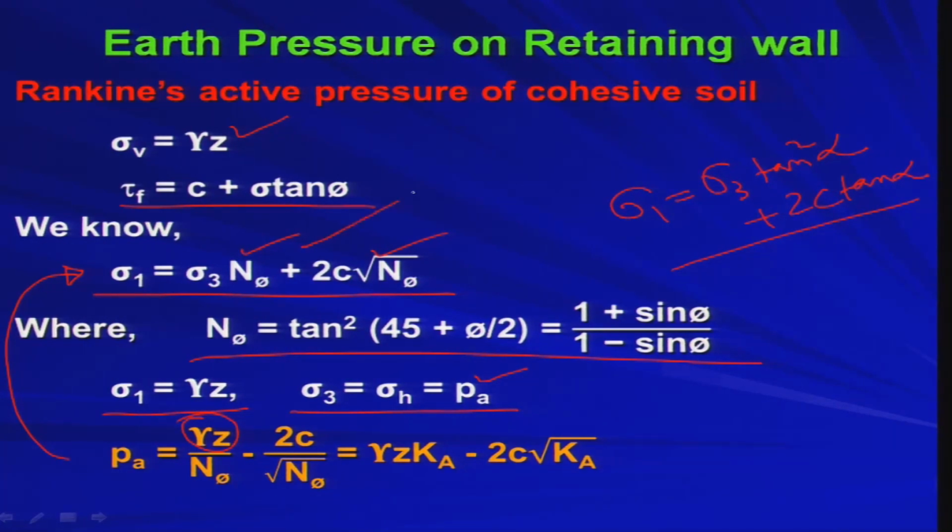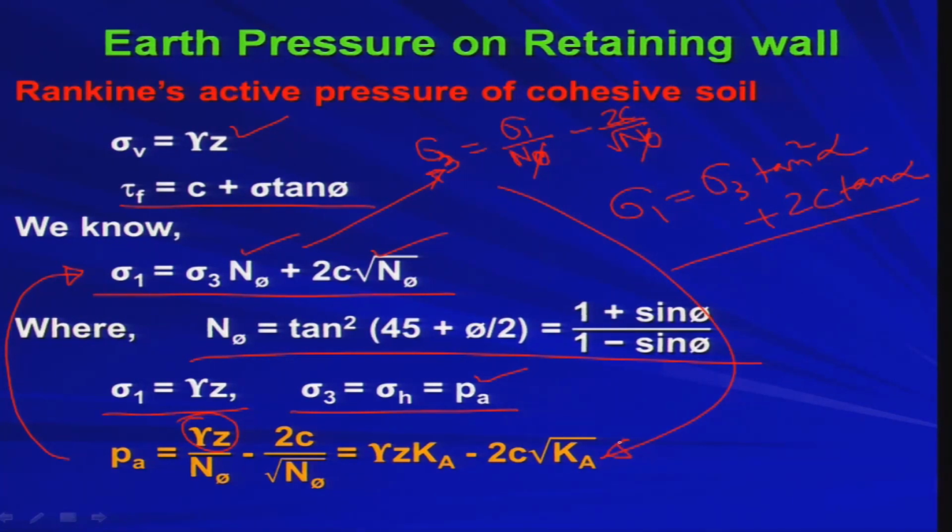So, from this expression, if you want to write sigma 3, it is equal to sigma 1 by n phi minus 2c by root over n phi. Same thing we are applying here.